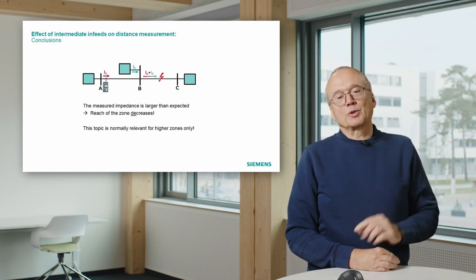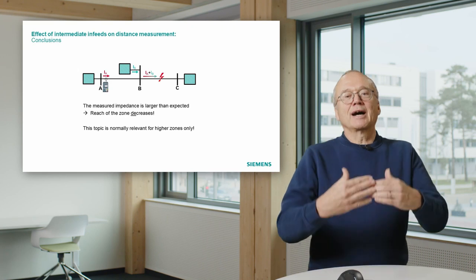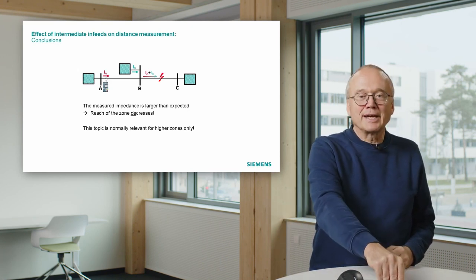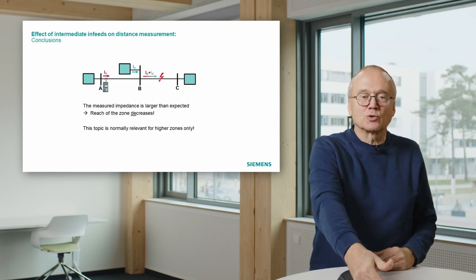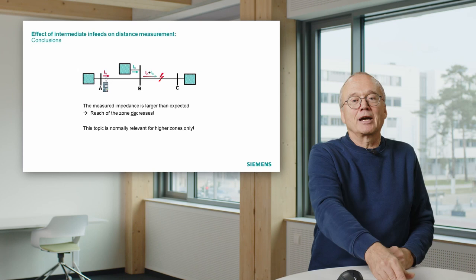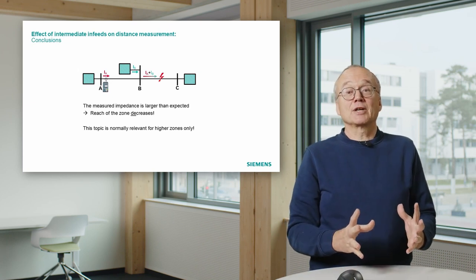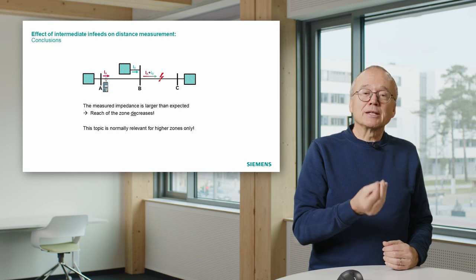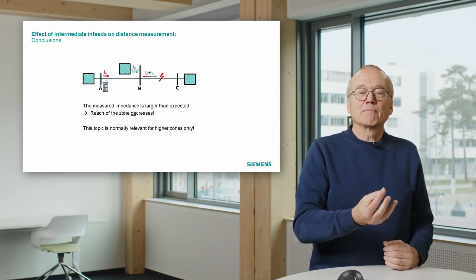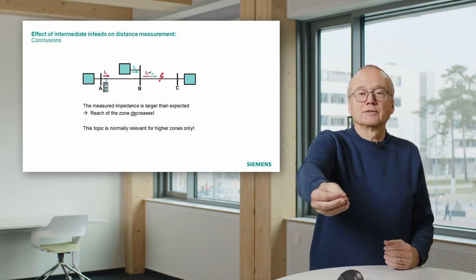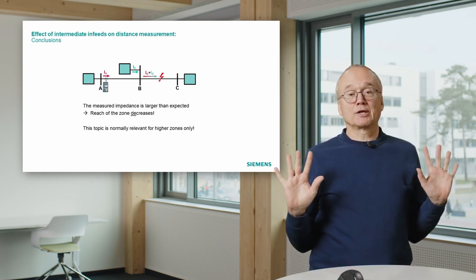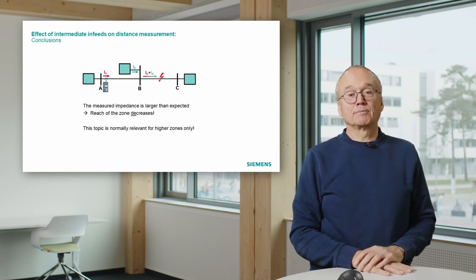Now, due to this intermediate infeed, you measure a higher value. That means if there is really a fault at maybe 65%, you would expect a setting to 70, you have a fault at 65, you would expect it's inside my zone 2. But due to this intermediate effect, the measured impedance is much higher, so it's seen above 70%. The relay says, not in zone 2, I will not trip.